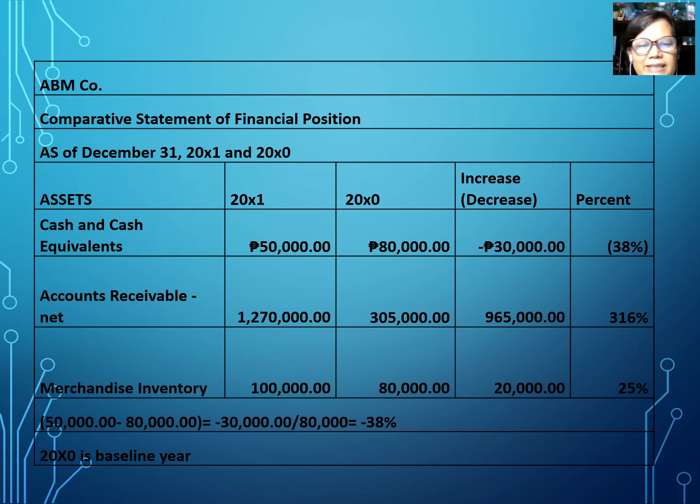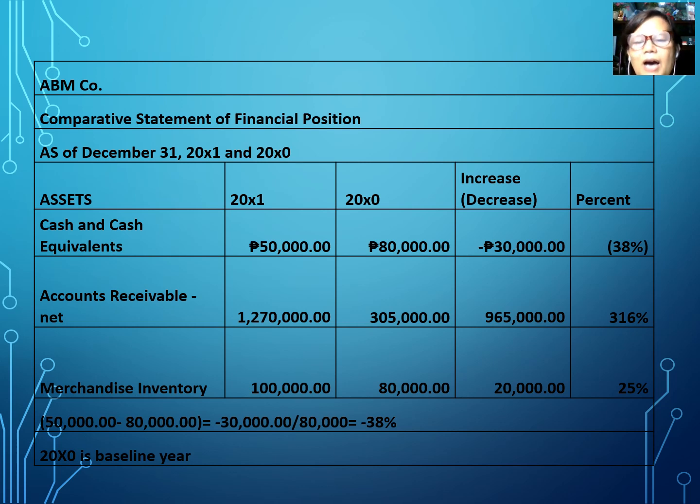Now, how about merchandise inventory? In 20x1, it is 100,000. In 20x0, it is 80,000. So there is a difference of 20,000, or an increase of 20,000. Now, what is the percent? Yes, 25%.